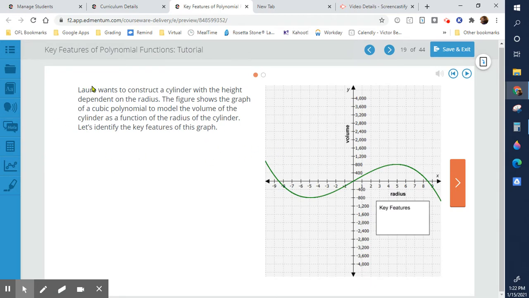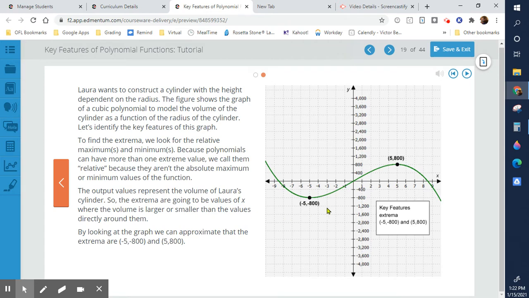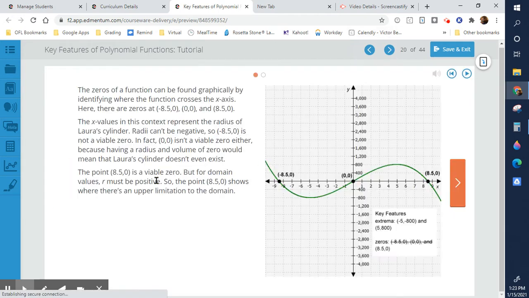All right, so when we're looking at something like this, a cylinder and its volume. So let's talk about what the features in this are. So here, our extrema, meaning our minimum to our maximum, our extrema are these 2 points. These are our extremes. So those are 2 features there, local min and local max.